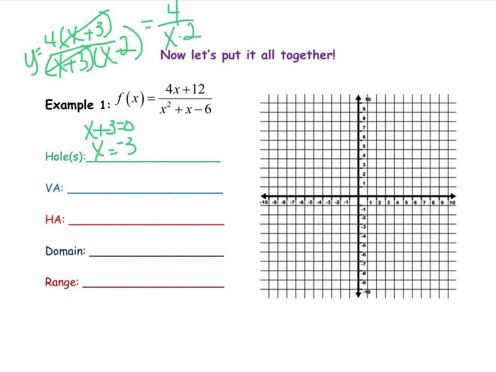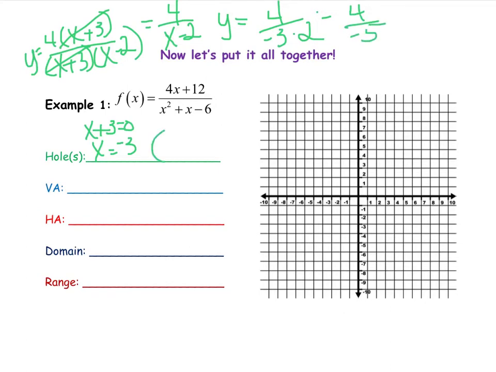So in order to find my y coordinate, I need to plug in the negative 3 for this x right here, and that'll tell me what y is. So here we go. Y equals 4 divided by negative 3 minus 2, and that's going to be 4 over negative 5. So that's my y coordinate.